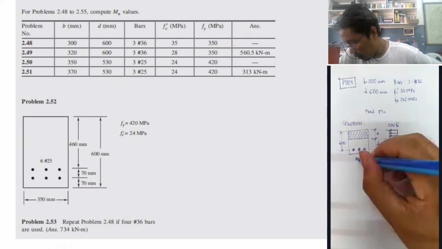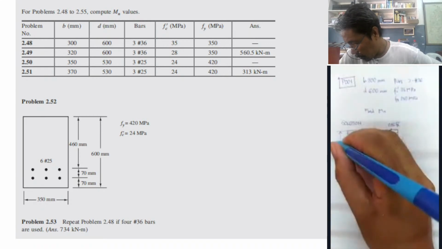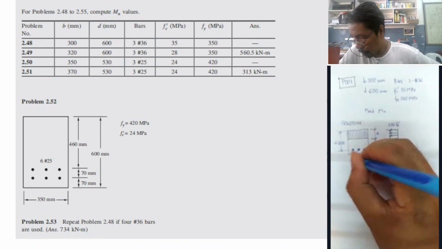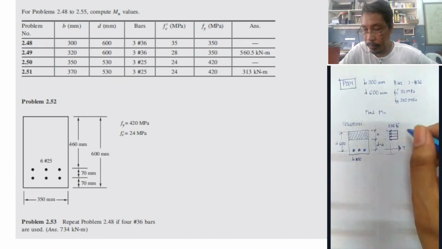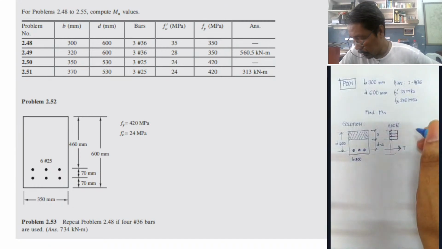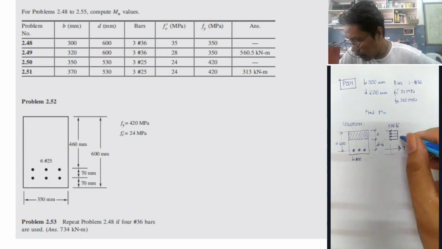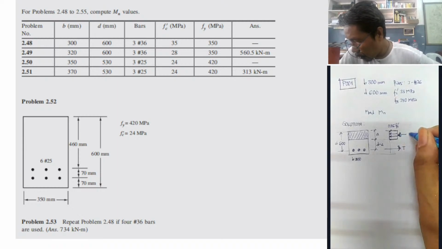So therefore, we have the complete dimension. And because this is uniform load, we can represent this as a single compressive force.